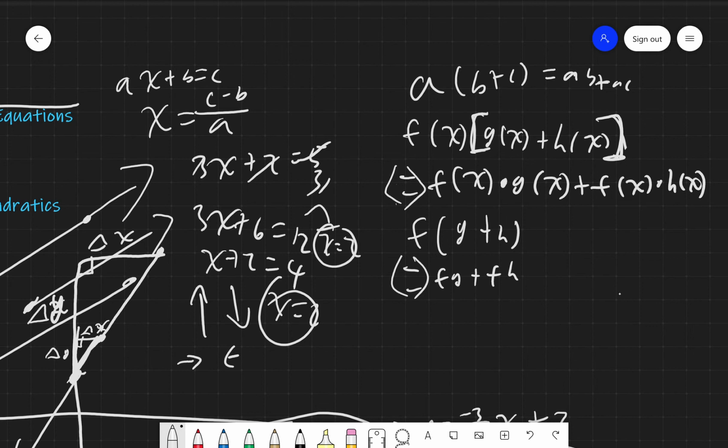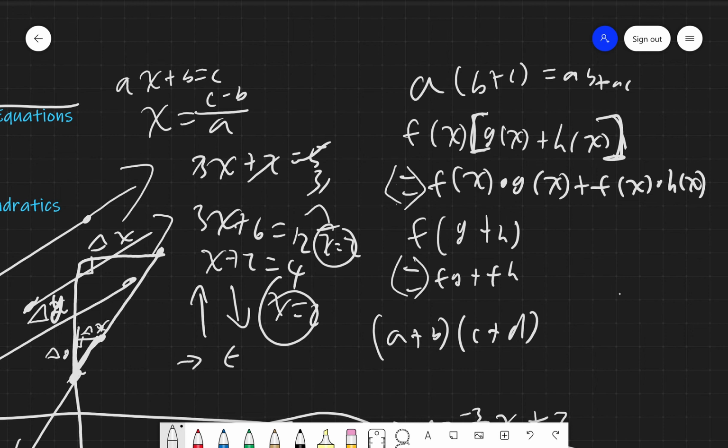So if we had normal stuff, then we can just do the distributive property, but that expands more. Let's say we had (a plus b) times (c plus d). You can use the distributive property, or you can use this thing called FOIL. FOIL is derived from the distributive property.